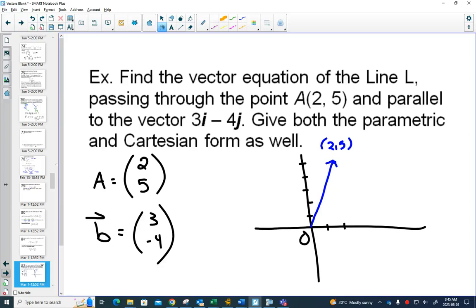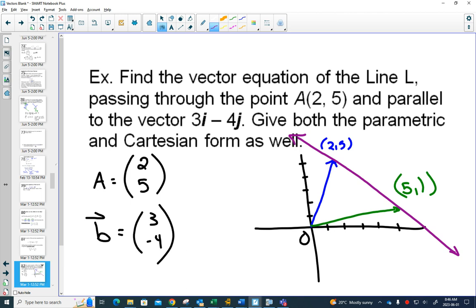That means if I want to find another point on my graph, I could go over 3, 1, 2, 3, and up 4. Or down 4, not up 4. -4, so that would be at 5, 1. There's our line.